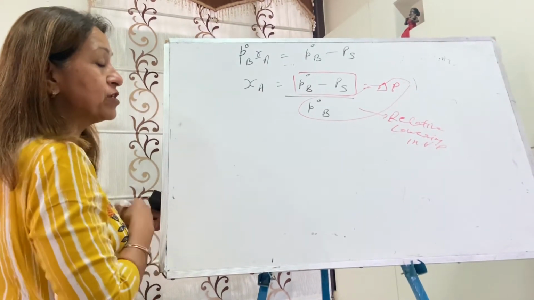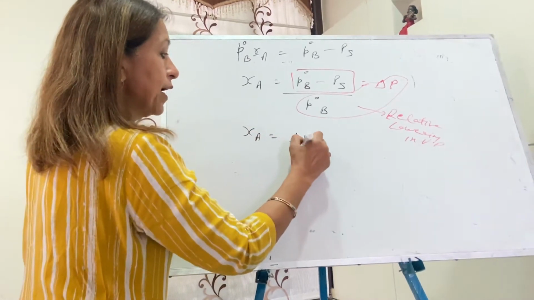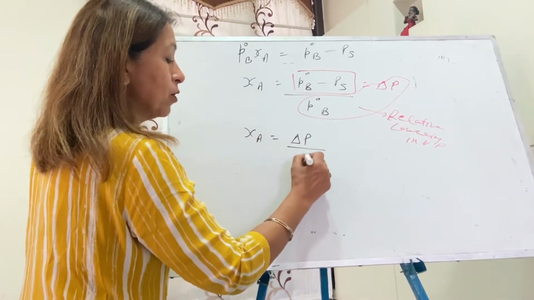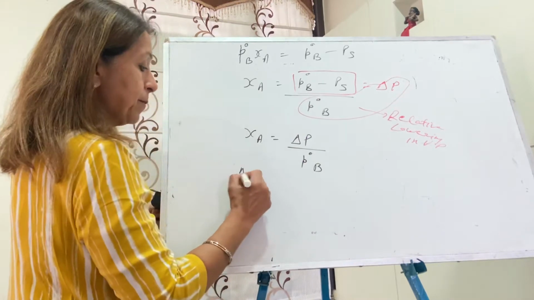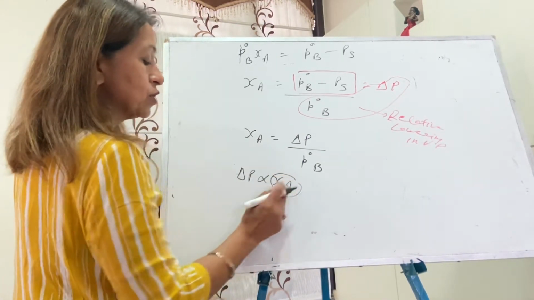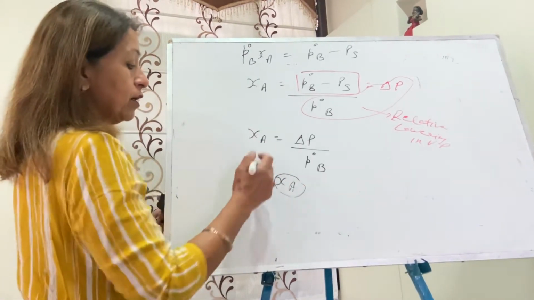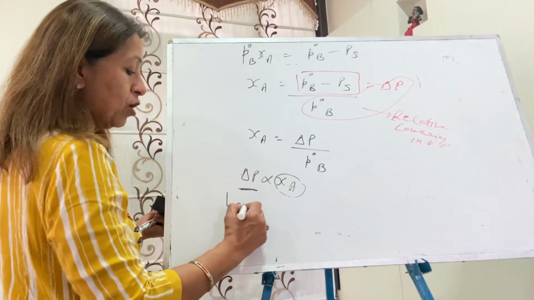So what this derivation suggests, XA is equal to delta P by P naught B. Delta P is proportional to XA. XA is your solute moles. So hence it is proved lowering in vapor pressure is a colligative property.